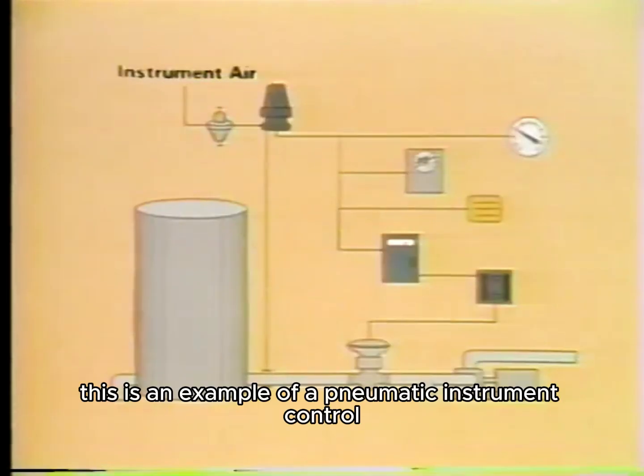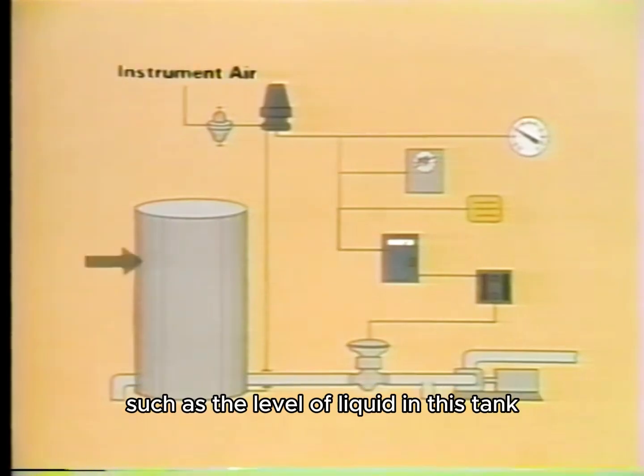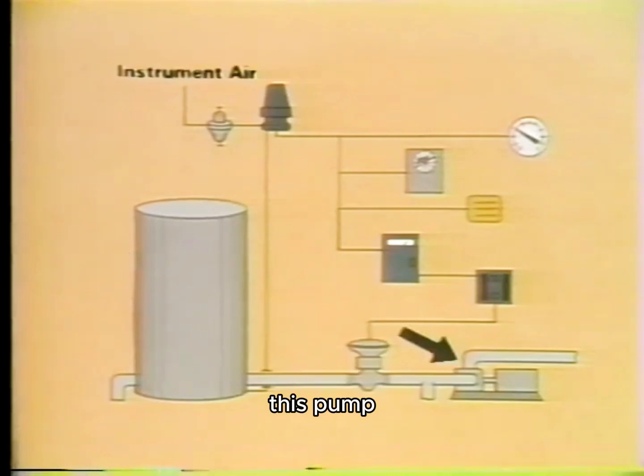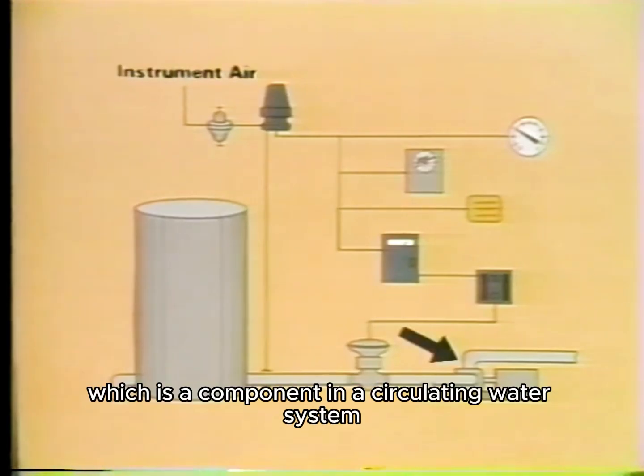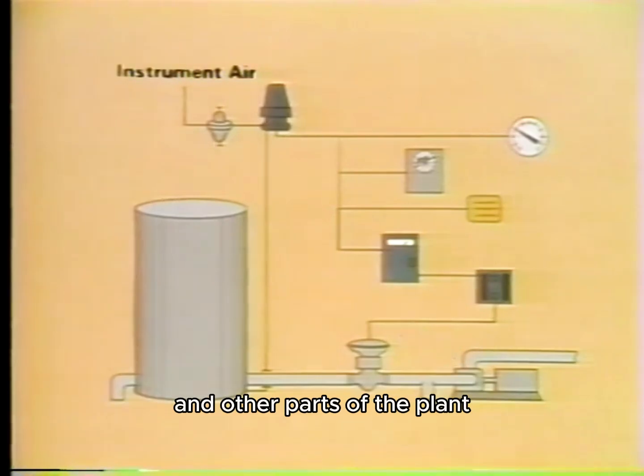This is an example of a pneumatic instrument control system that monitors and controls a process variable, such as the level of liquid in this tank. This pump, which is a component in a circulating water system, is used to maintain constant flow to the tank and other parts of the plant.